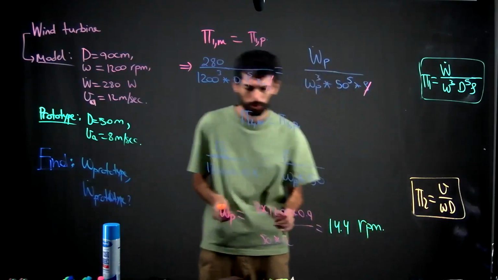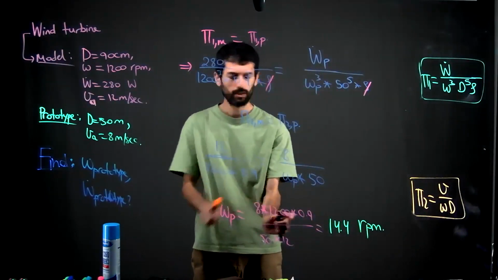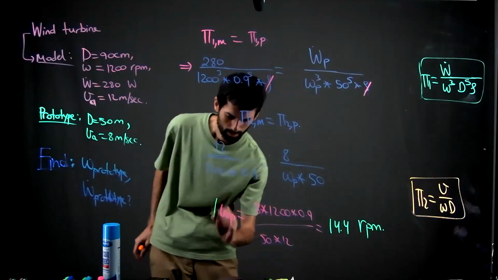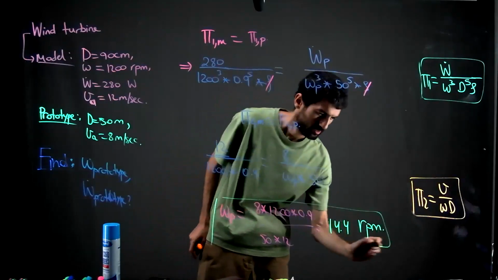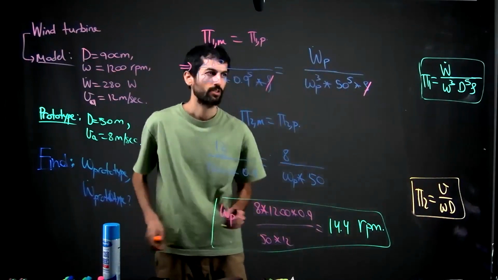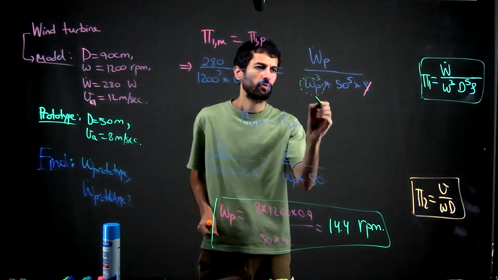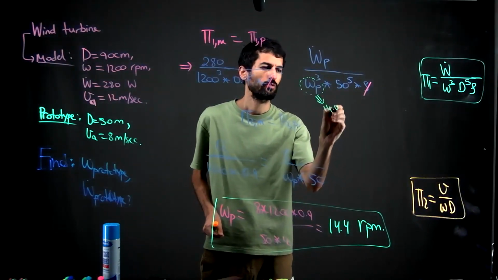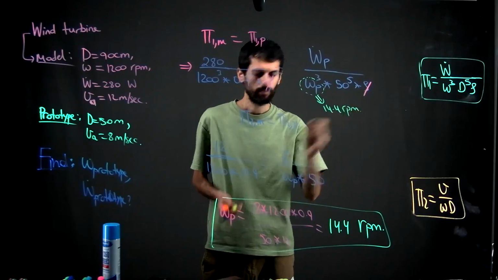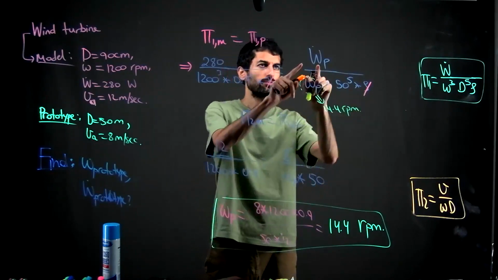You have to be careful because we used RPM here, so it should be RPM. That means in 1 minute, this amount of revolution is there. So again, put the same value back here. So we will have 14.4 RPM.